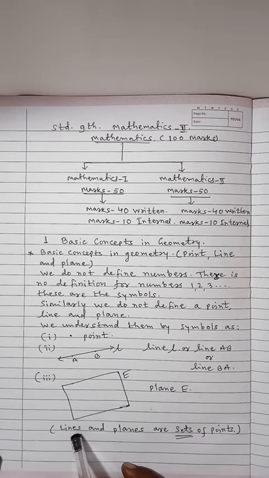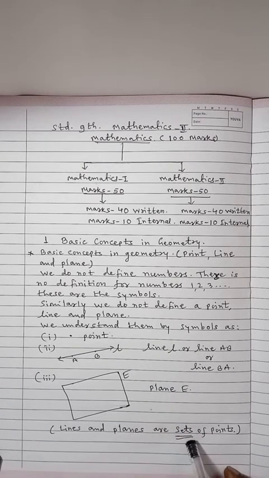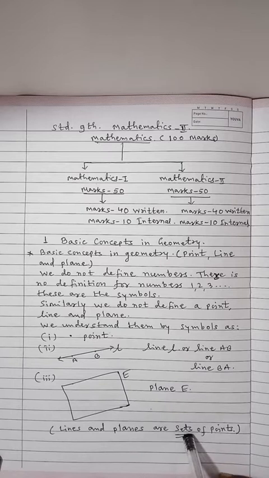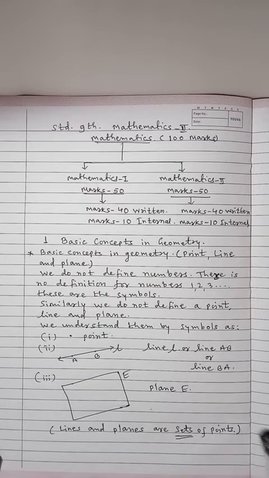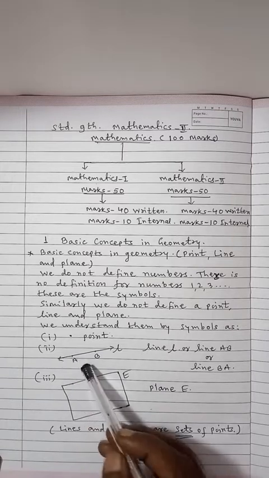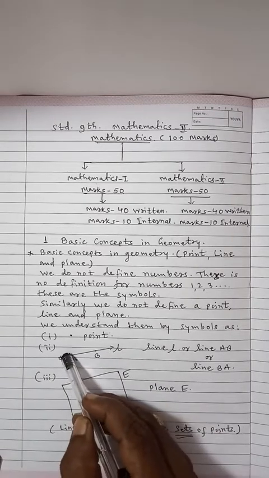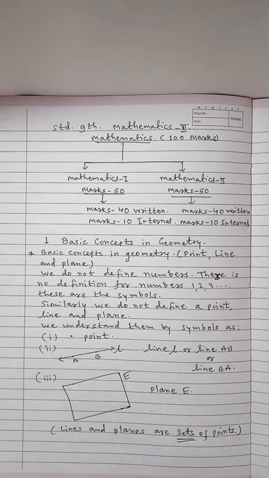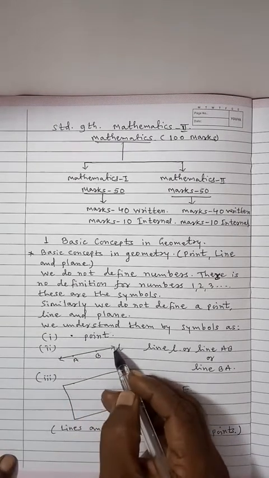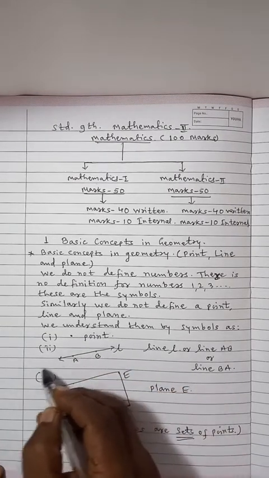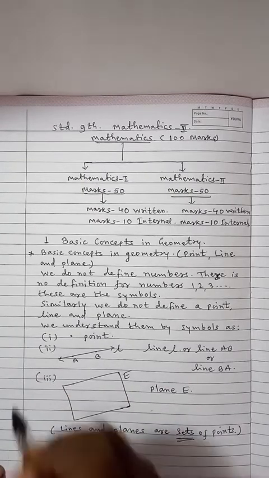Lines and planes are sets of points. In mathematics paper 1 you might have learned the definition of sets. Infinite number of points are there on the line, so the set of all these points is a line.